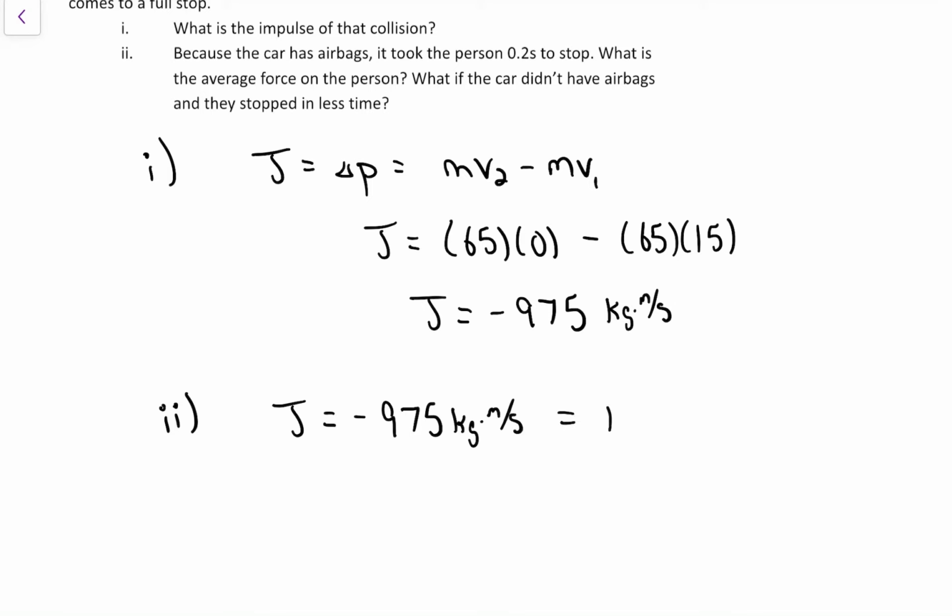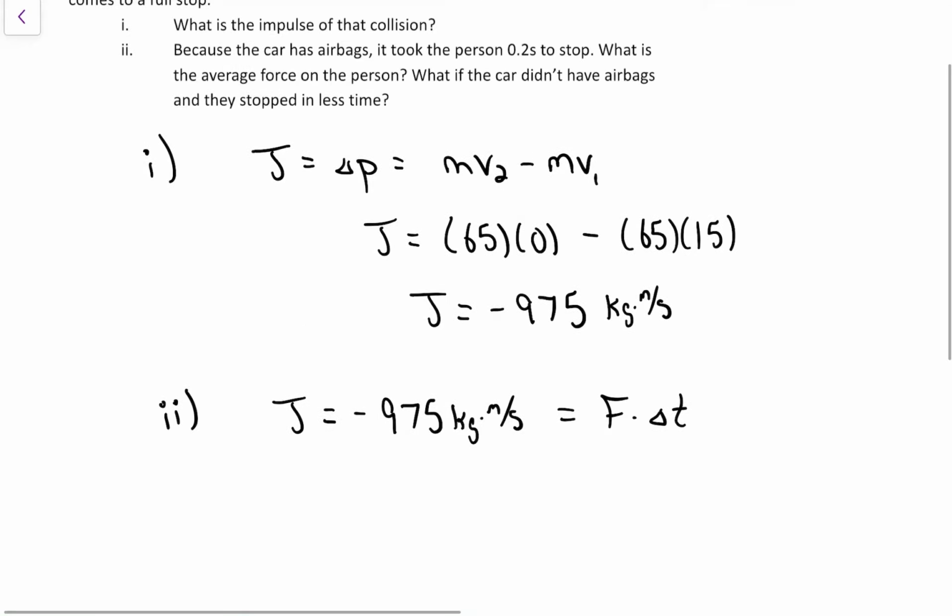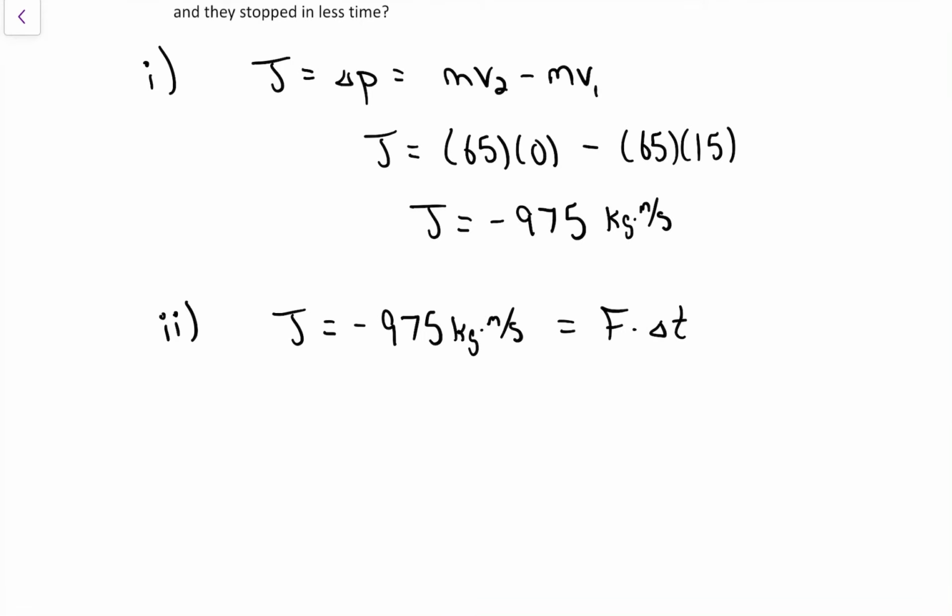So moving forward, we now know that impulse is this negative 975 number. We also know that impulse is force multiplied by the time the force acted for. So if we've got more data, if we know about the time, we can use that to calculate the force. And this one I made up, the time was 0.2 seconds. So F is going to be negative 975 divided by the time.